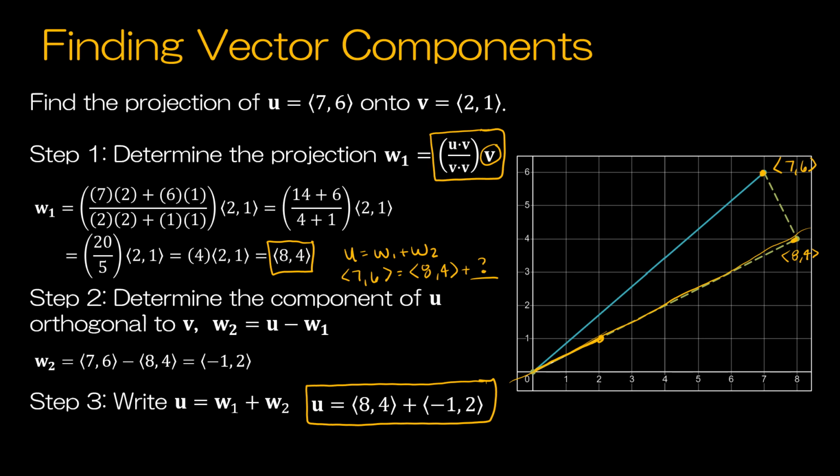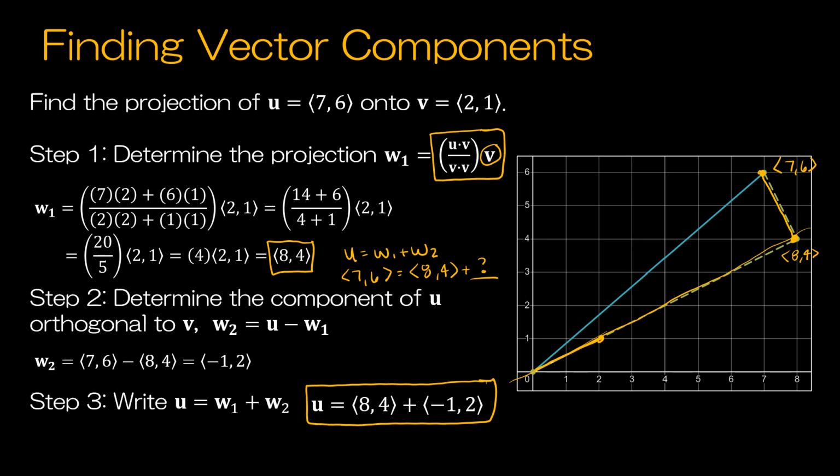And then this guy is negative 1, 2, which you might say, okay, well that means negative 1, 2. So it's going to look something like this. Well, yes, you're absolutely right. But remember, parallelogram rule, when we are adding two vectors, we go to the end of the last vector and then go negative 1, 2. So that brings me to 7, 6.